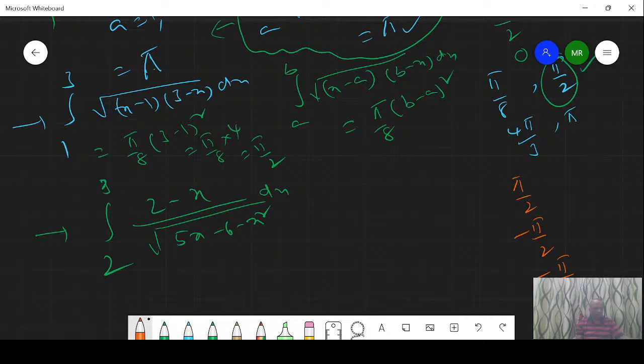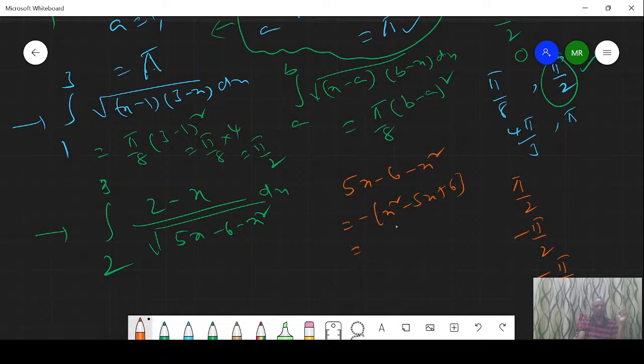The simple technique here is to find the factors of 5x minus 6 minus x square. You can write it conveniently as minus of (x square minus 5x plus 6).